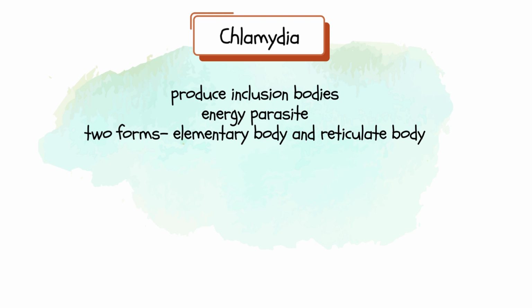Elementary body enters the cell because that is the infective form. It then converts to the reticulate body. Reticulate body starts replicating and forms newer elementary bodies, which come out of the cell and reinfect. This is the life cycle of chlamydia, with two forms, elementary body and reticulate body.